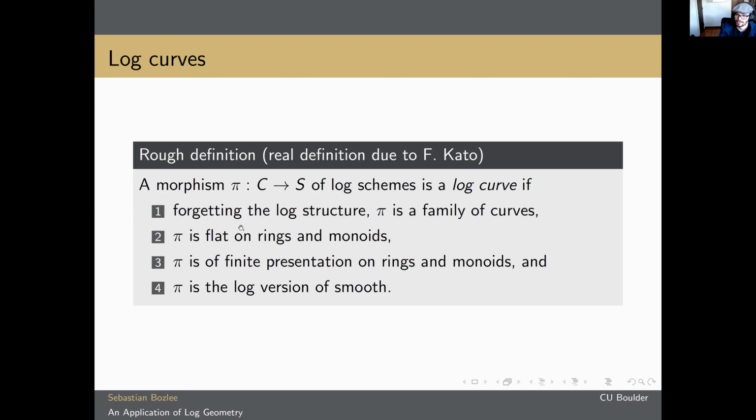So it's flat on rings and monoids. On rings, I literally mean flatness in the same way as usual. On monoids, I mean something called integrality. We're going to ask that it's of finite presentation on rings and monoids. On rings, I mean literally finite presentation, as it usually is in scheme theory. On the monoids, I mean that we have a fine and saturated log structure.